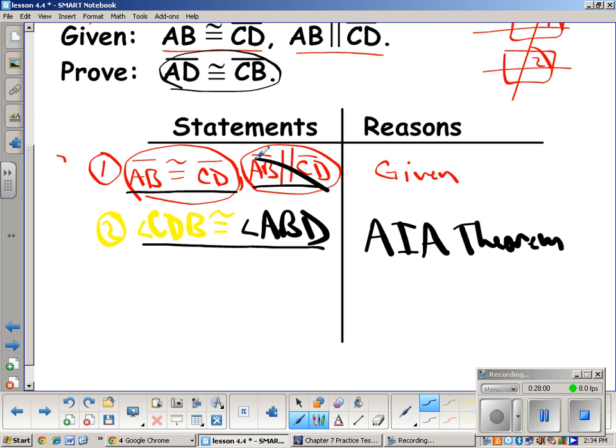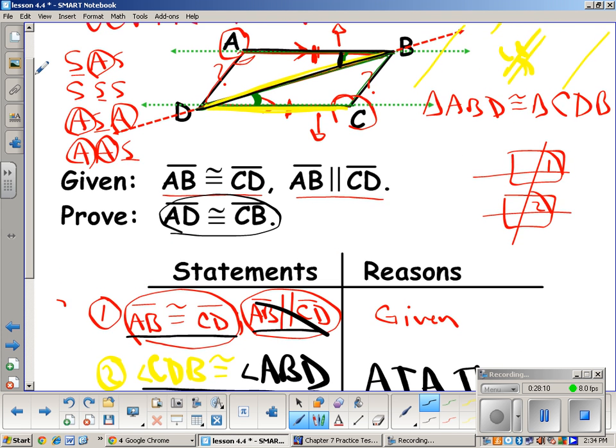This one says lines are parallel. That's not one of them, is it? I'm just saying, we're looking for these three facts here, or these three here, or these three here. And none of those facts care whether lines are parallel.